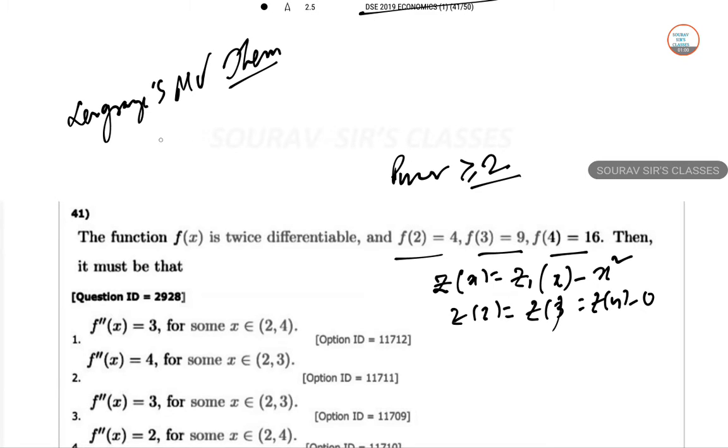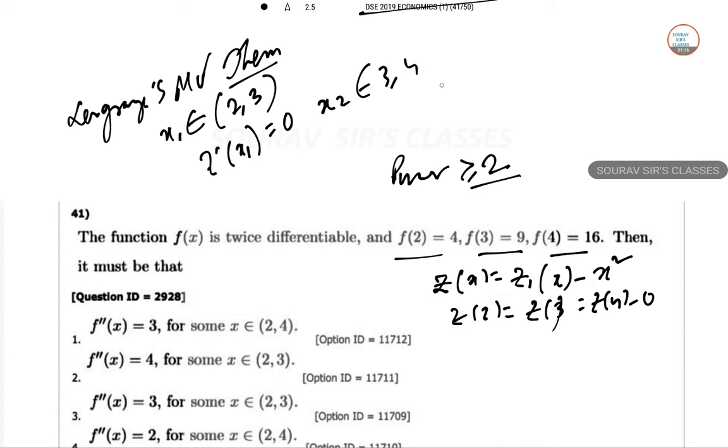theorem, it follows that obviously x1 lies between the two given intervals, that is 2 and 3, such that z dash x1 equal to 0, and x2 lies between 3 and 4, such that this is also 0.